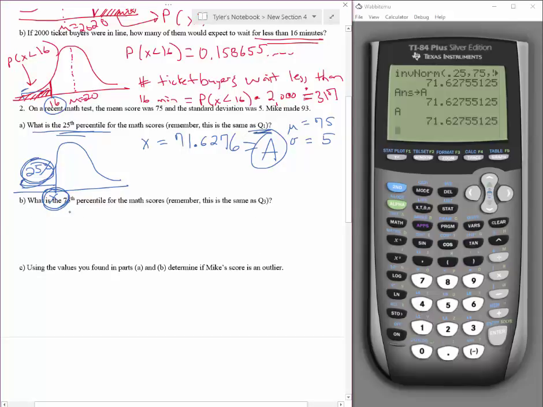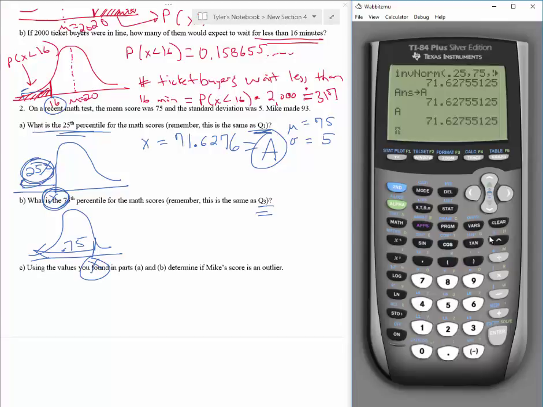Then part B, we want to find Q3. Similar idea, right? I have this normal curve. There's some x value here that I want to know. The area to the left is 0.75, or 75%, and this is the same thing as Q3, right? So if I go second distribution, do inverse norm again, same rationale, the only difference is the area needs to be 0.75.